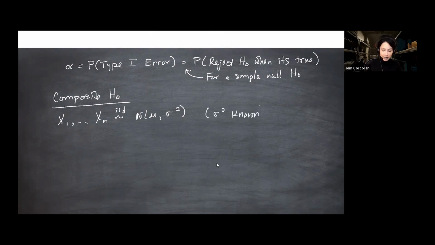And I want to test the null hypothesis that mu is less than or equal to 3 versus the alternate hypothesis that mu is greater than 3. Before, we were stuck with the very simple null hypothesis that mu is equal to 3.